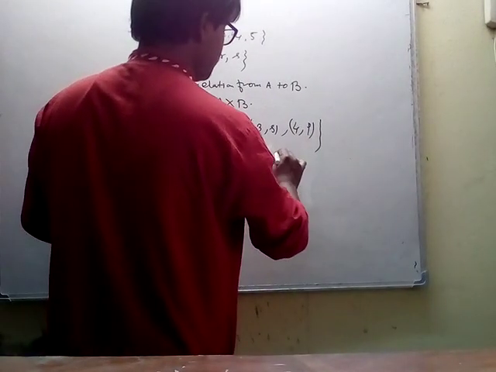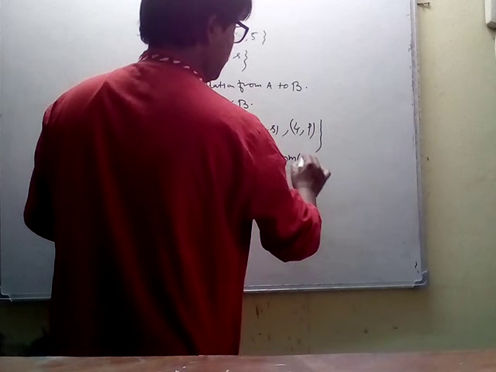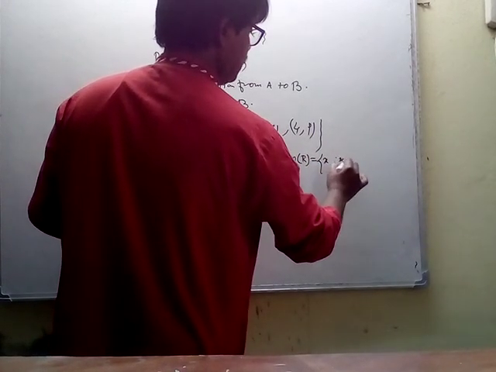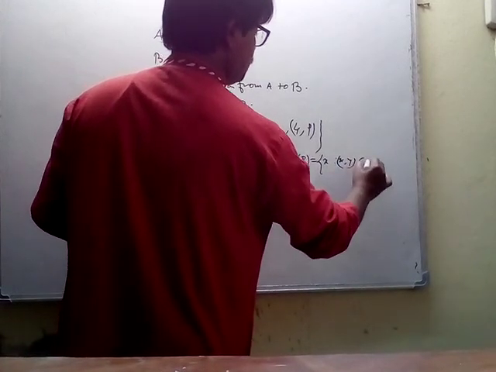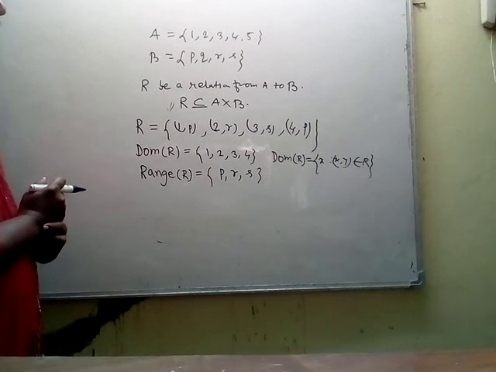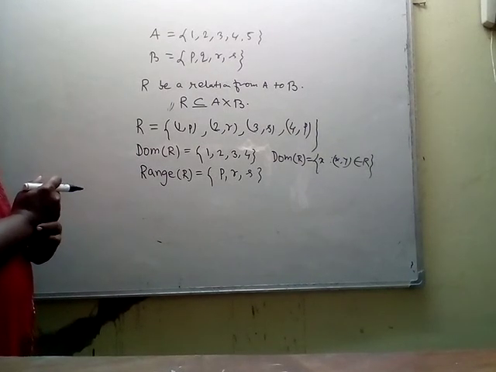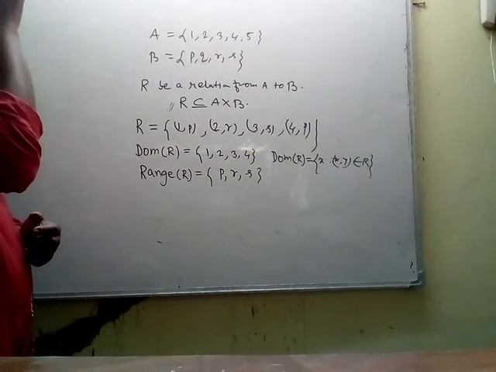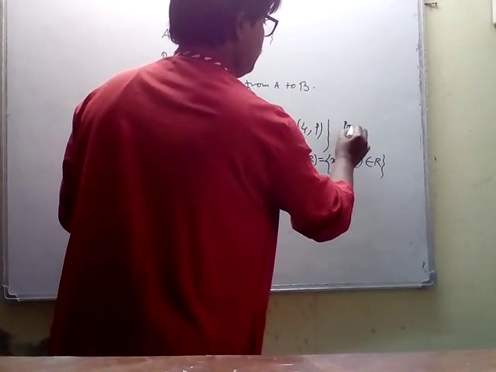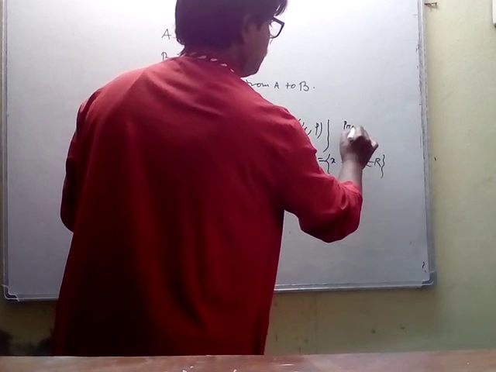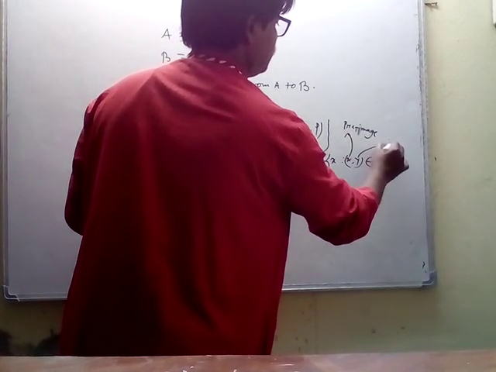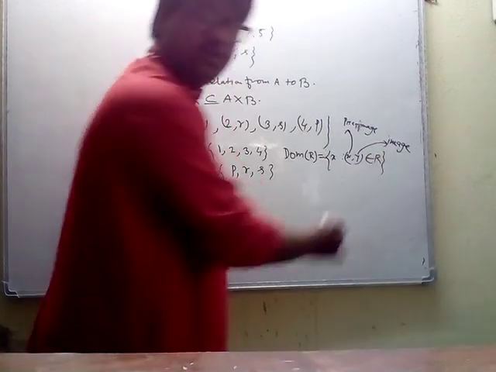Actually, domain of any relation R means the set of all x such that (x, y) belongs to R. For every ordered pair belonging to R, the set of first elements is the domain.